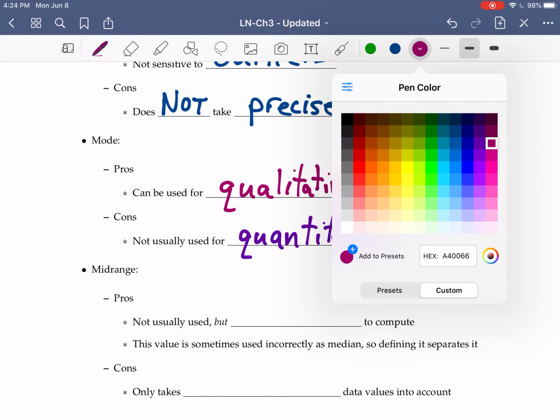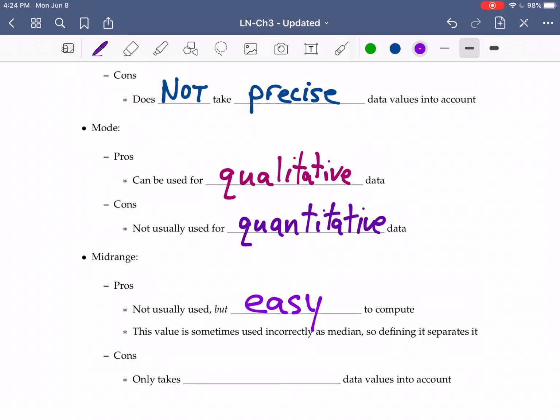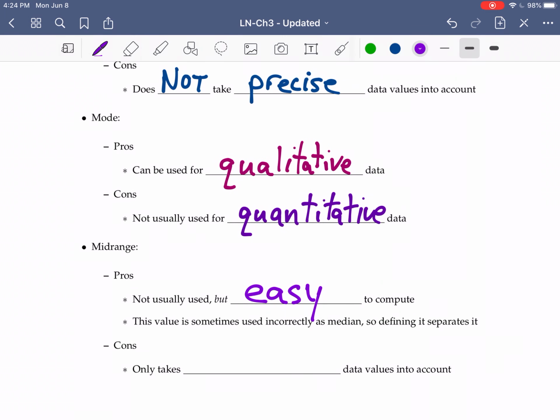The midrange is a measure of center that's not really used, but it is easy to compute. It's also sometimes used incorrectly as the median, and so when we define it, it helps to separate it for many people.